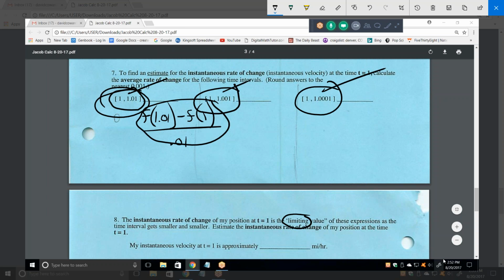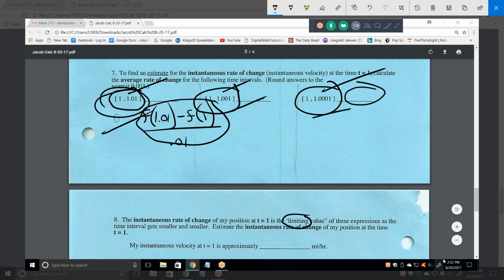This interval is 1/10,000th. This interval is 1/1000th. This interval is 1/100th. The smaller that interval is, the closer your average rate of change is to the instantaneous rate of change. So whatever number we come up with there, that's going to be the closest thing we have to an instantaneous rate of change.